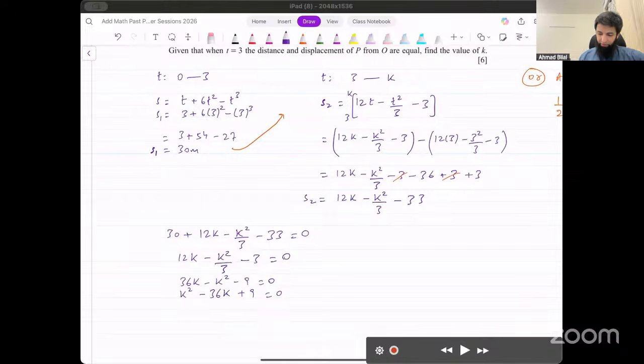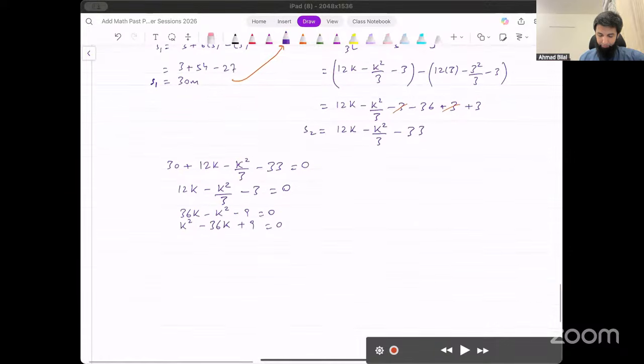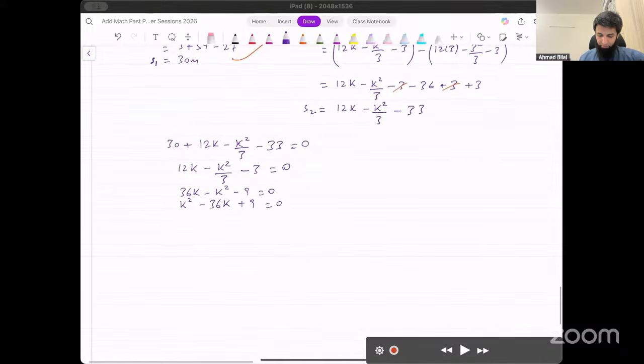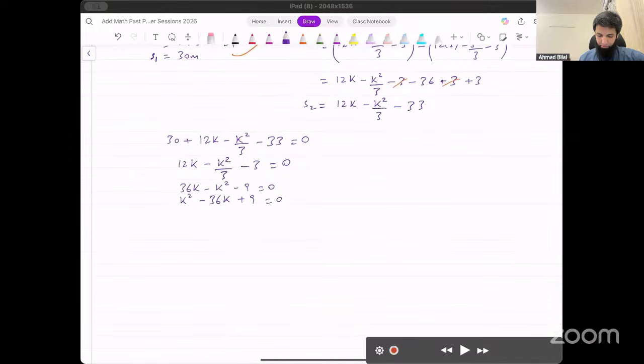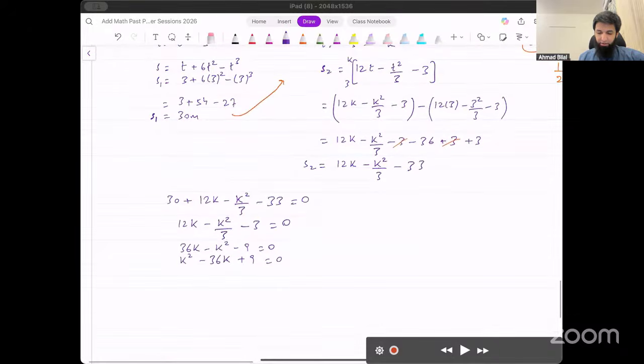30 plus 12k minus k squared over 3 minus 33 equals 0. It'll be equal to 27? No, because I added 30.